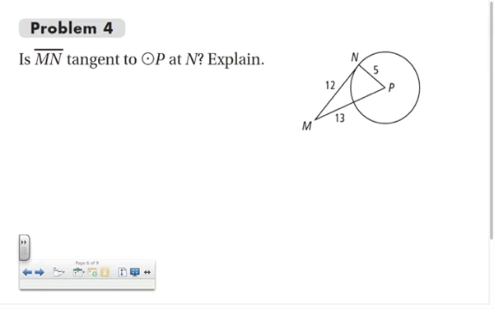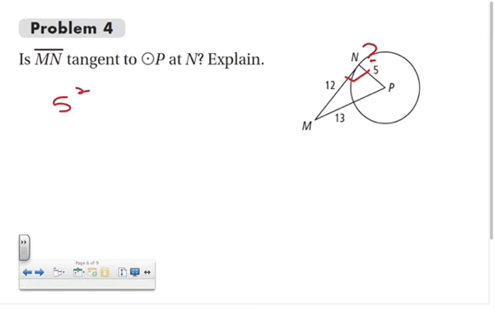I'm using the fact that if it was tangent, then what kind of triangle would MNP have to be? A right triangle. So what we're doing basically boils down to checking whether it's a right triangle by plugging the numbers into the Pythagorean theorem and seeing if it works. So let me put a question mark up here because that's what we're checking for.